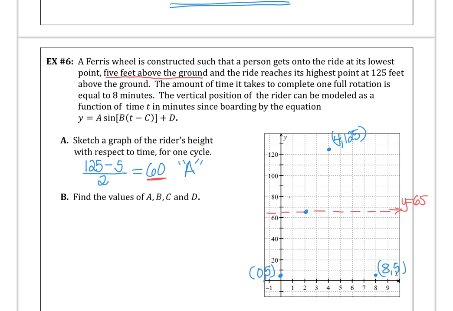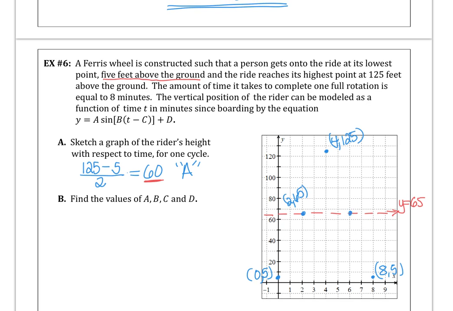So at 2, we would be at 65 feet. And then halfway between 4 and 8 would be 6. So at 6, we would be at 65 feet, and we have the rotation of the Ferris wheel looking like a sinusoidal curve.